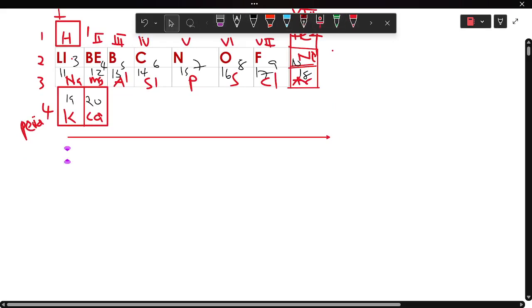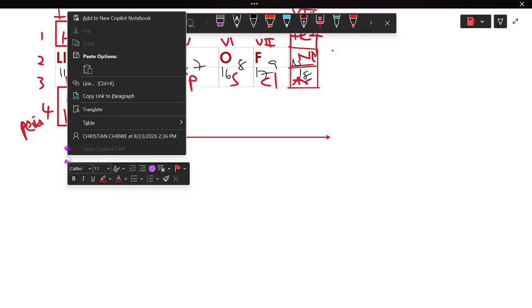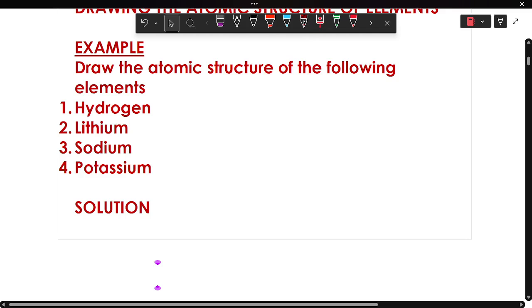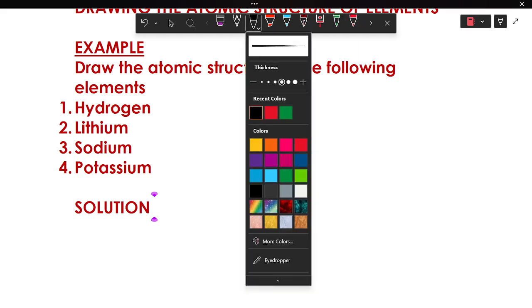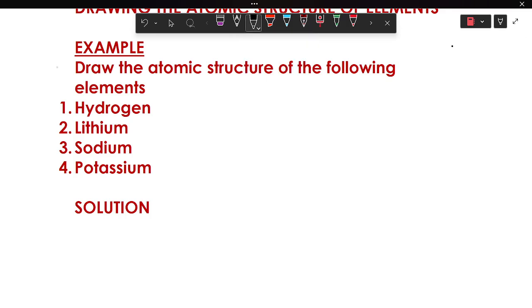What about drawing? So, for number 1, hydrogen, it means you draw, like this one, a nucleus, or an egg. Let's include this one.